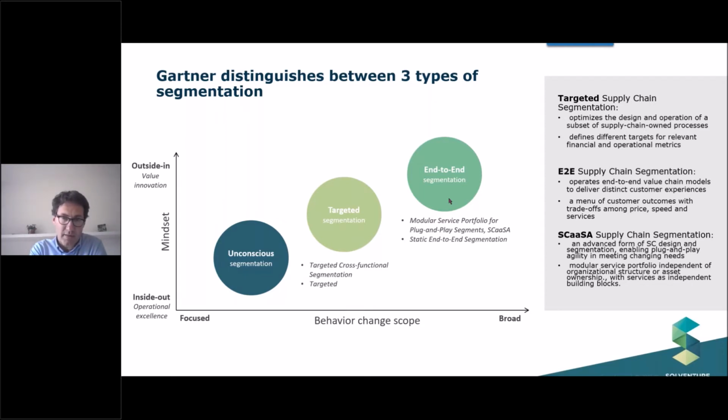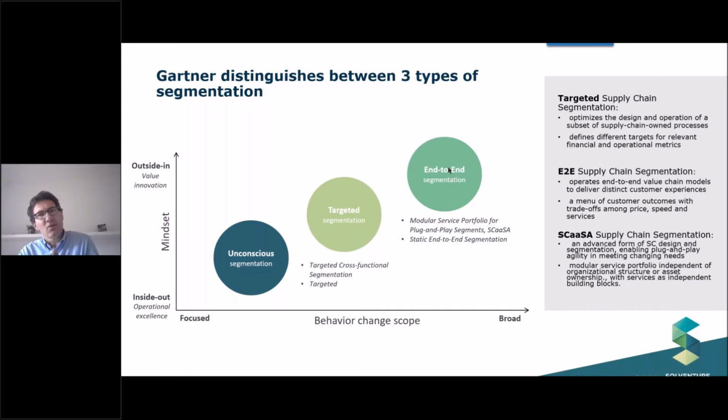Of course, if they change their supply chain network, probably also their inventory strategy will be different across the different segments, order execution will be different, customer service will be different, and so on. That is end-to-end, broad, and aligned to the different needs of your customers.